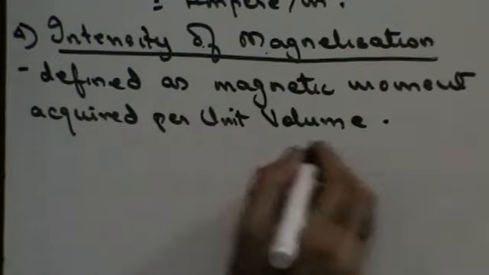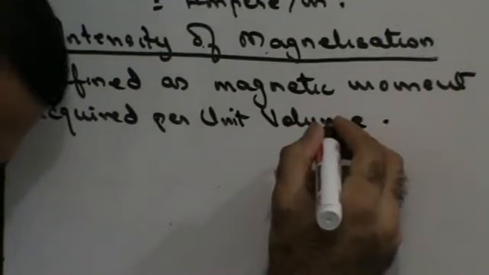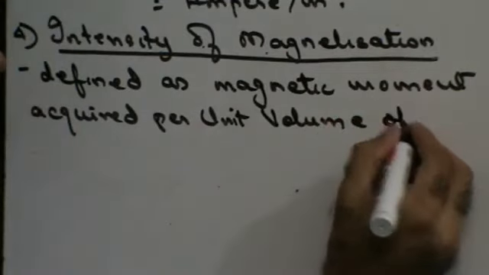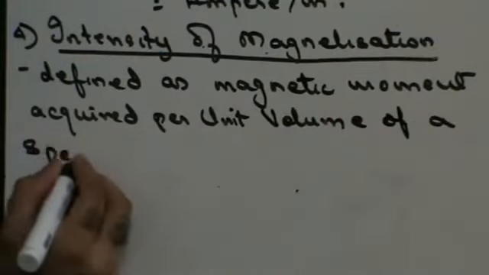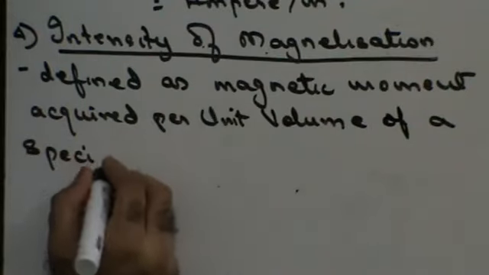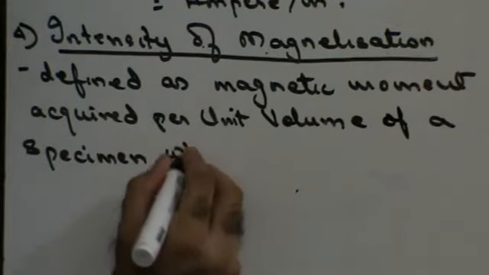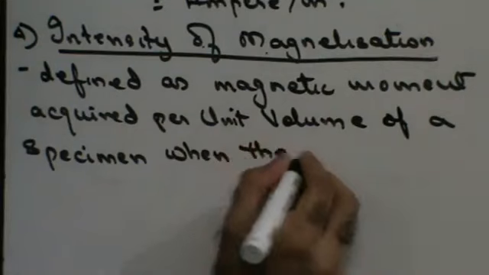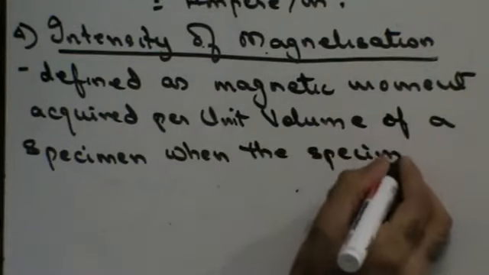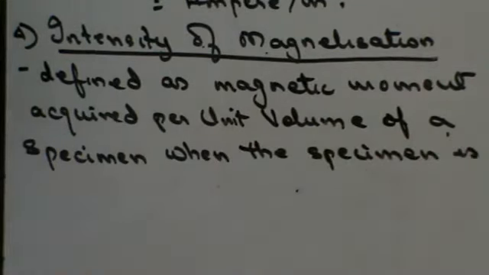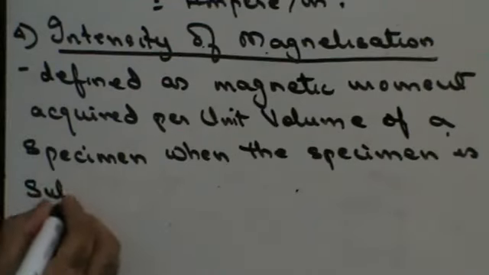Magnetic moment acquired per unit volume of a specimen when the specimen is subjected to a magnetic field.